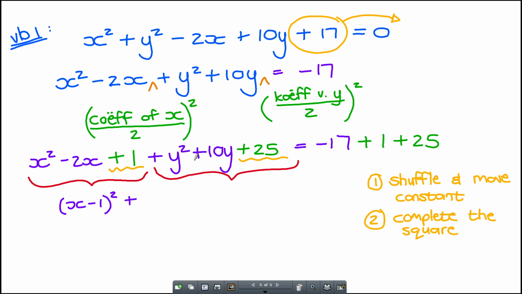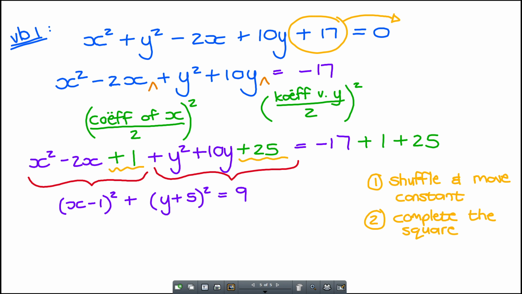Now this one, y squared plus 10y plus 25 would become? So it would be y, a minus or a plus? Plus. Equal to, and then minus 17 plus 1 plus 25 will give me 9. So now it is in the format that I want it, no.